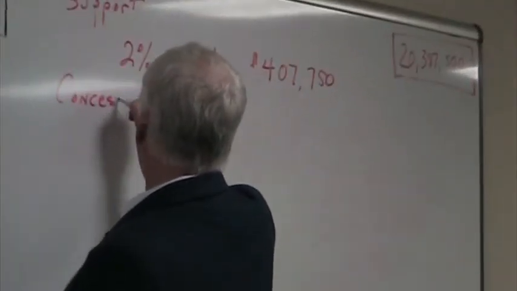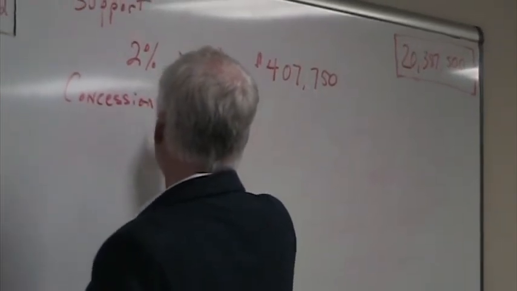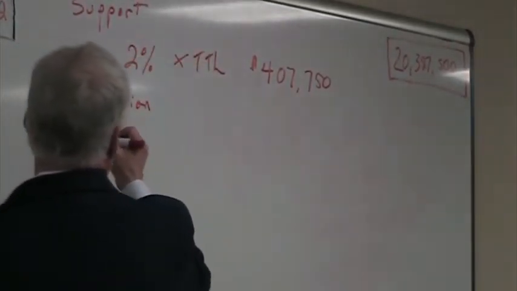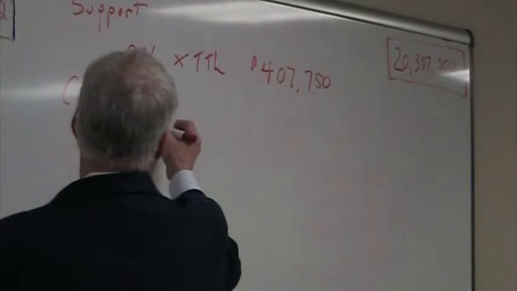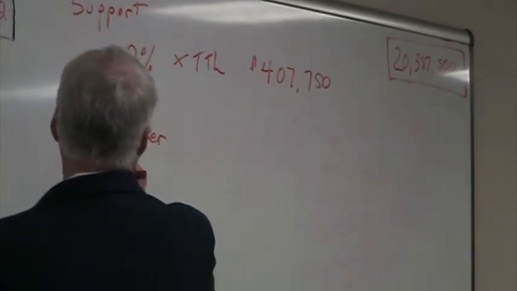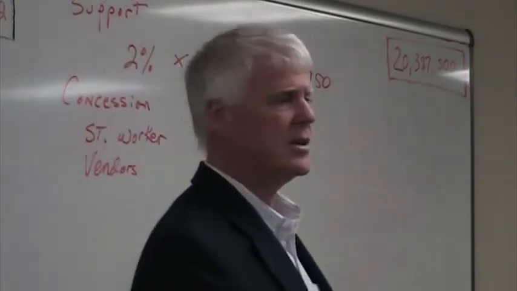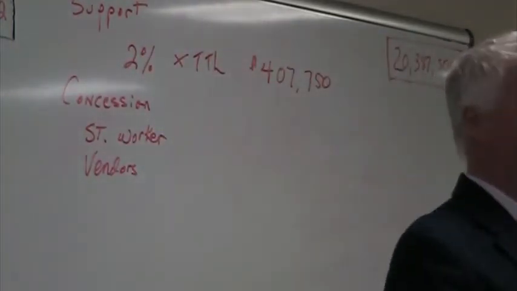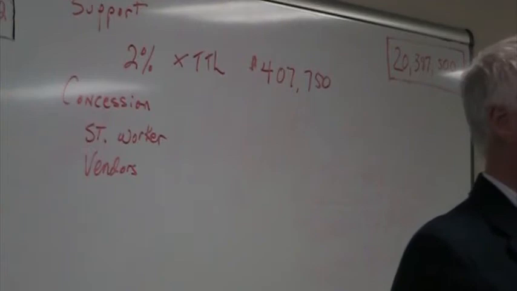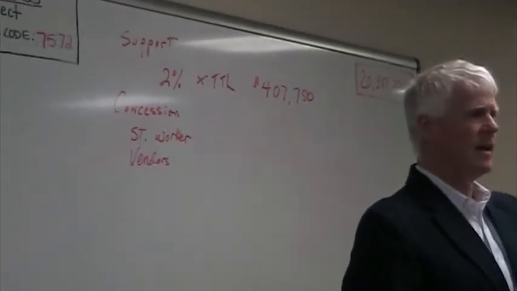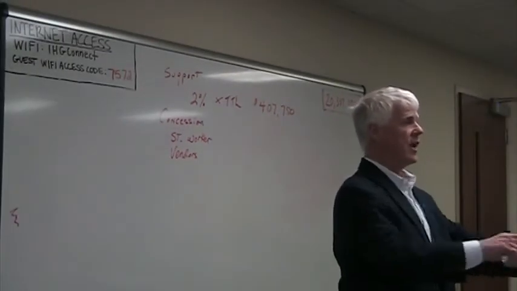And there are different types of concession personnel. So sometimes we have stand workers. Sometimes we have vendors. And vendors are hawkers. Vendors are the people that walk through the stadium with trays of beer or Coke or cotton candy selling it. They're not associated with one stand.